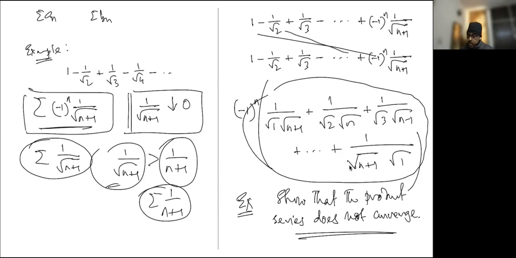You have to try to simplify it maybe, or get some estimate, an upper bound, a lower bound, whatever that you have to decide. I think for series, that's about it.